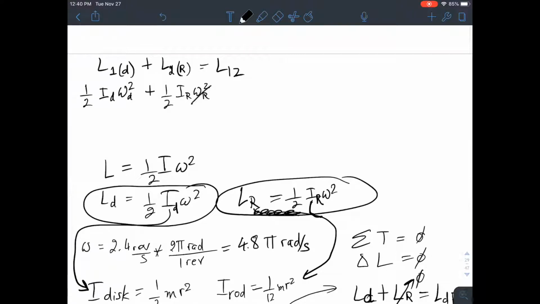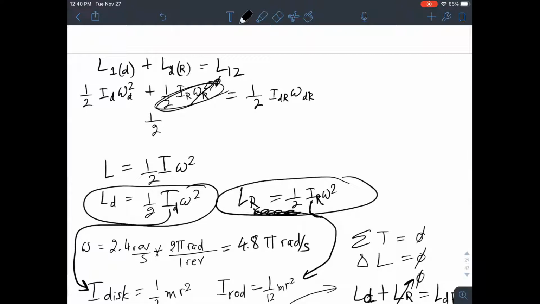Now, this is going to 0. There is no angular speed. The rod was just dropped flat. And here's the inertia of the disk and the rod together, and the angular speed of the disk and the rod together. Now this all goes to 0, because you multiply by 0, you get 0.